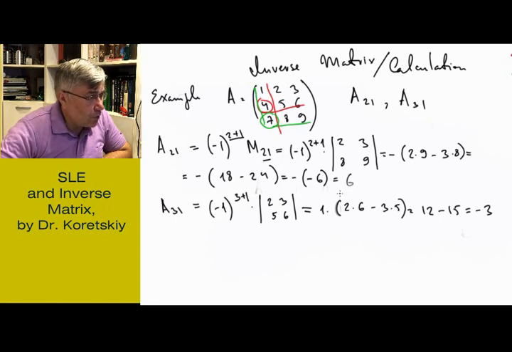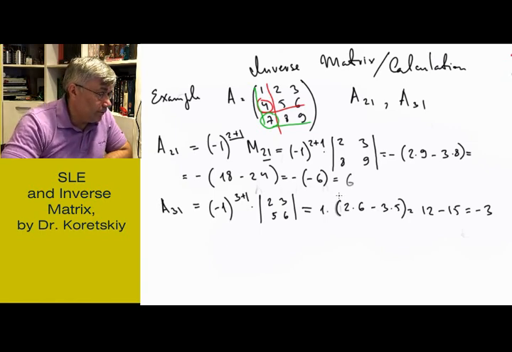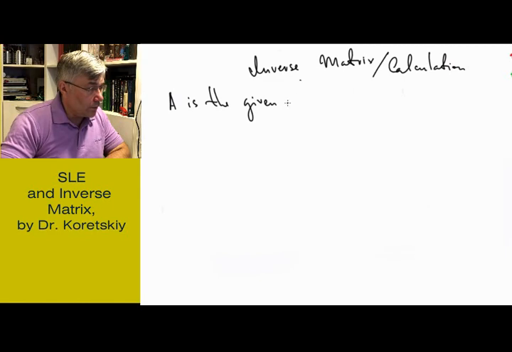Now we are ready for a new formula for inverse matrix. A is the given square matrix.